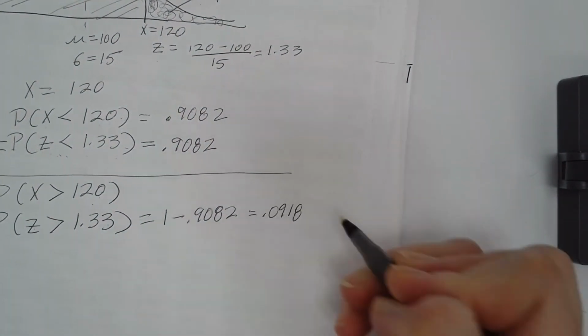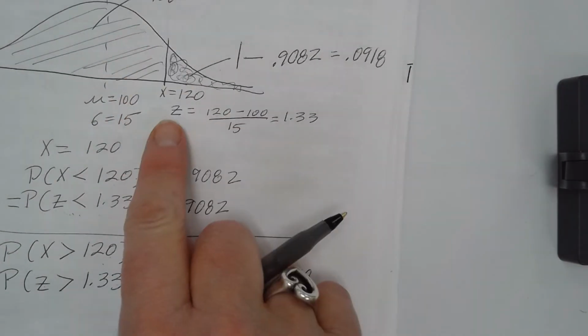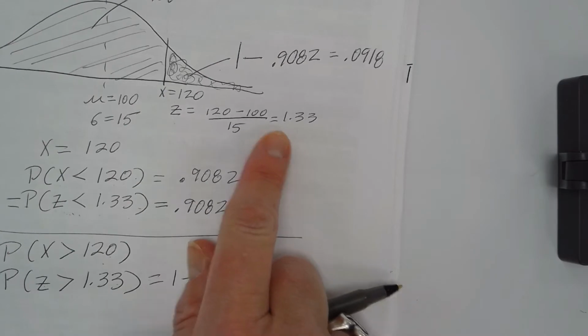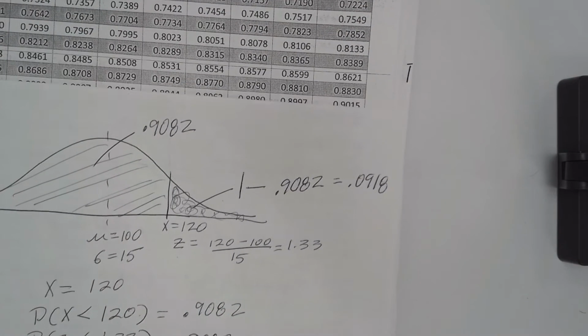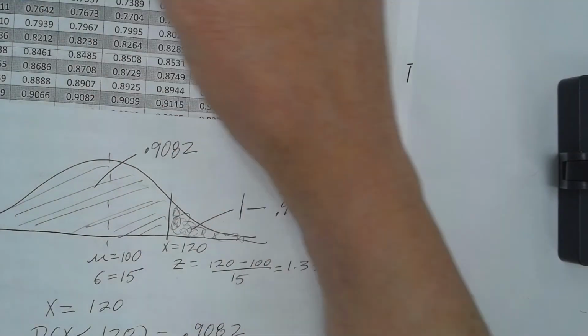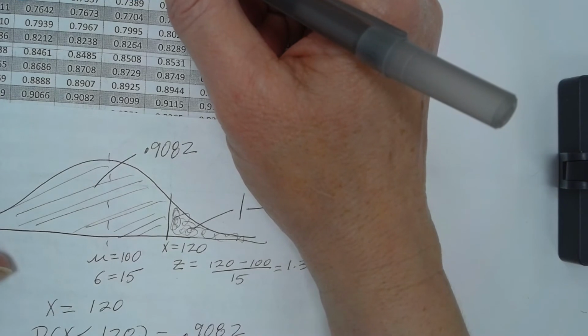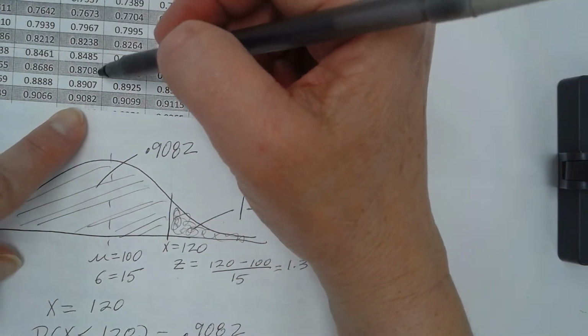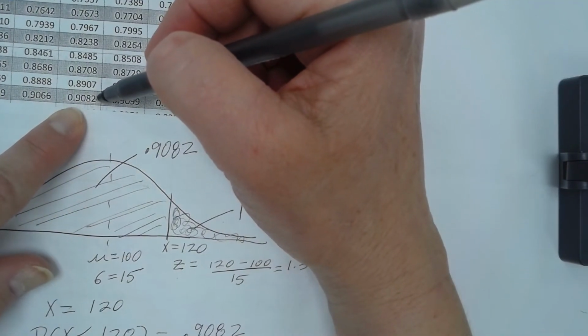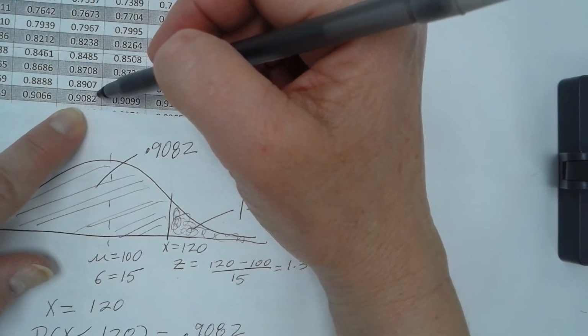And how did you get the 0.9082? I looked up the z-score of 1.33 on the table. So 1.3 and then go to the hundredths places along the top. 1.3 and then the 03, where that column and this row meet, is 0.9082. Does everyone see that on your table?